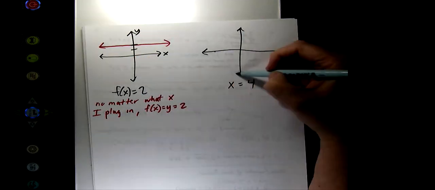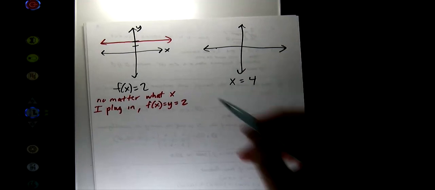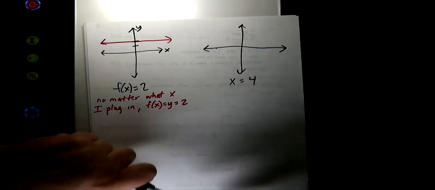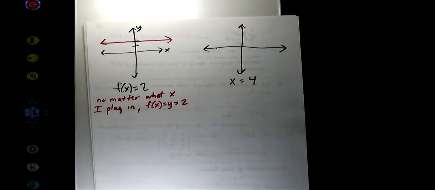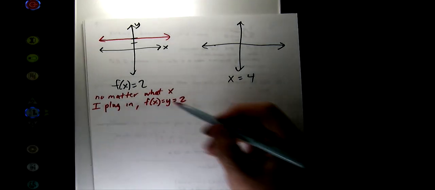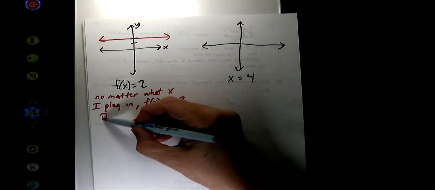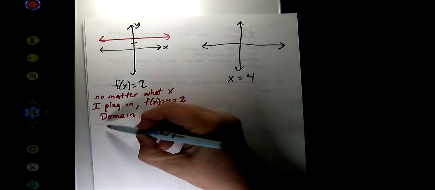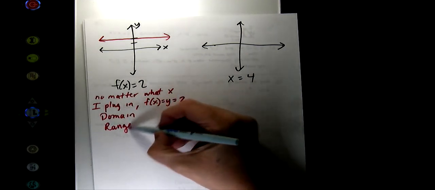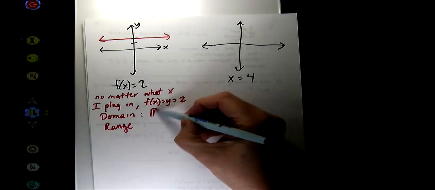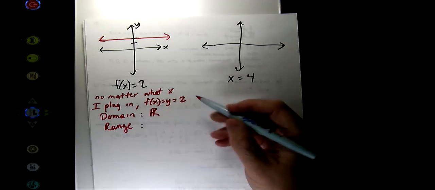This is a horizontal line. Domain is all real numbers. Range is y equals 2.